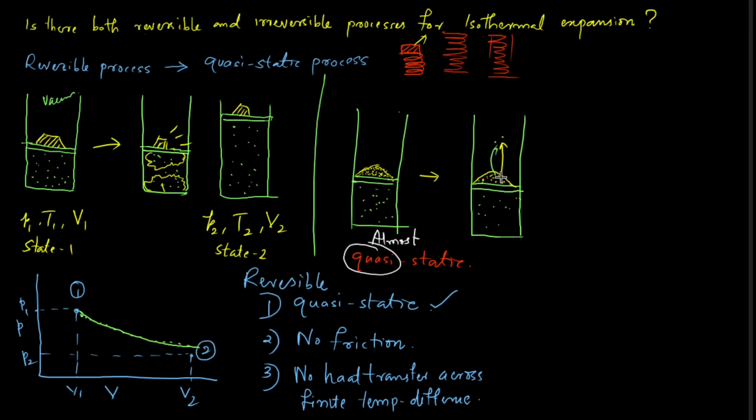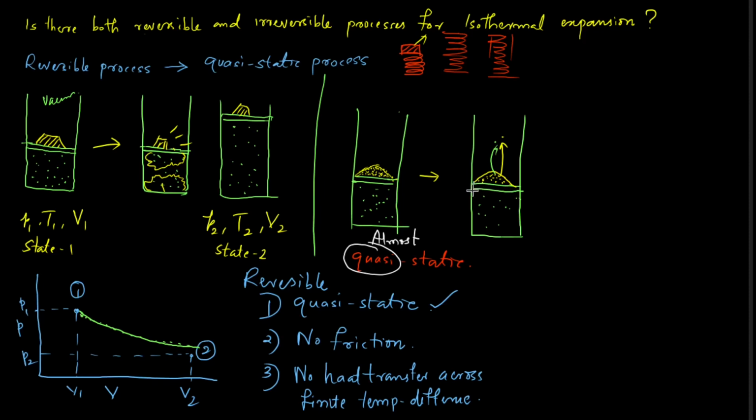For example, if you take a grain of sand and there is no friction in the piston, and you put that grain of sand back onto the heap, the system will simply go back to the earlier initial state without any change in the system or surroundings. If that is possible, then that type of process is a reversible process.